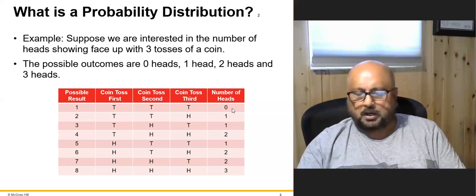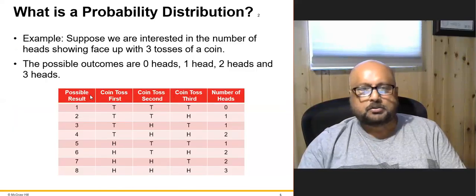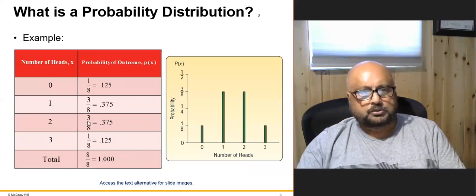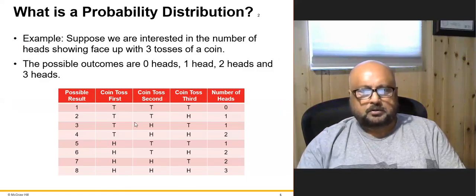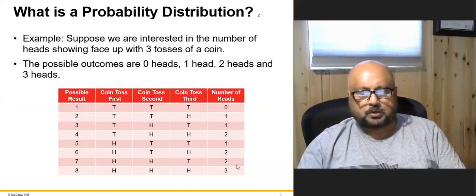So 0 is only 1, so 1 divided by 8. 1 shows up 3 times, so we have 3 divided by 8. And 2 shows up 3 times, 1, 2, 3. So 3 divided by 8. And finally 3 shows up only once.